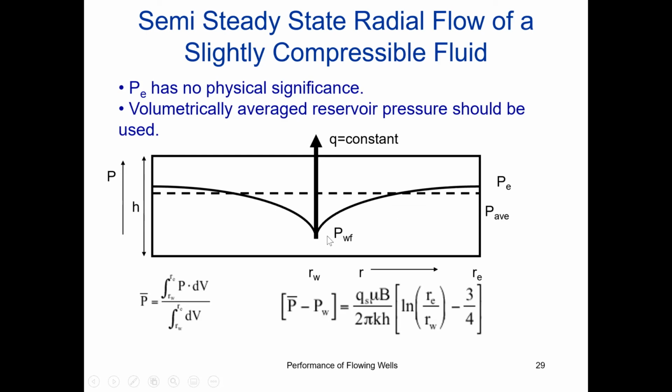But what we can do is shut the well, and that will measure average pressure. We can get this number. So instead of pressure at the boundary, we use average pressure. The correlation is the same, but the number will change.